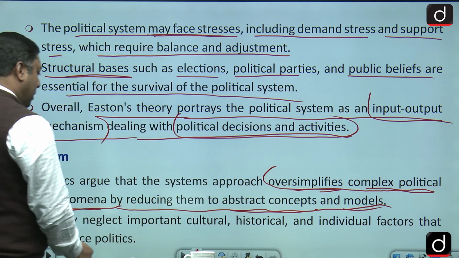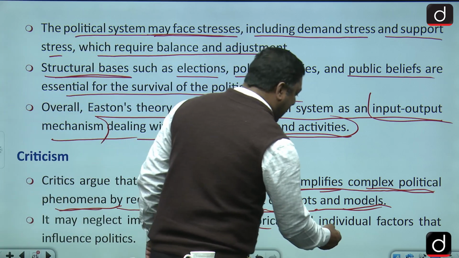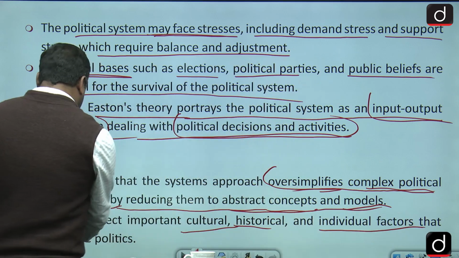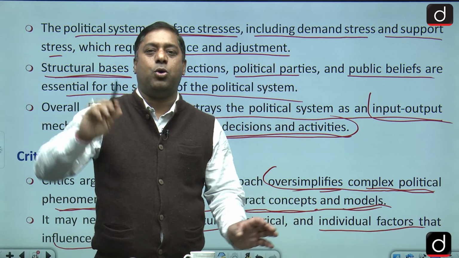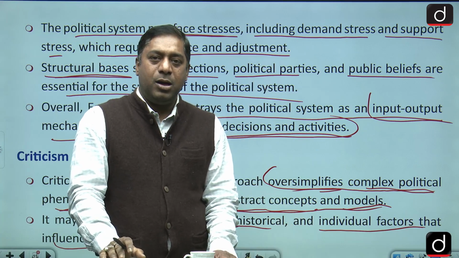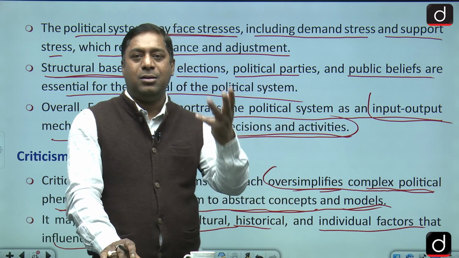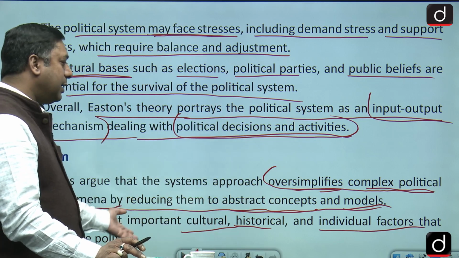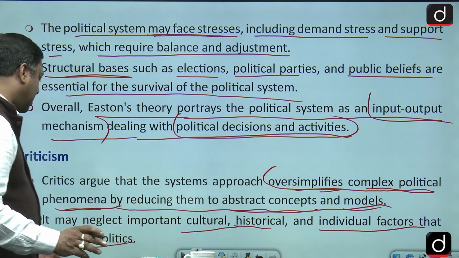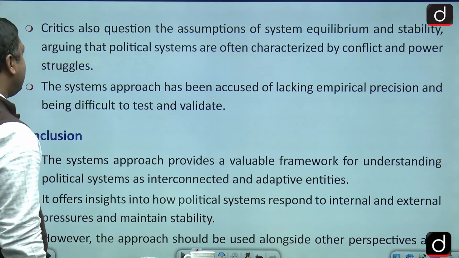Plus, he neglected important things like cultural, historical and individual factors that influence politics, same as the institutional approach was criticized. It was said that it is not looking into the cultural, societal and individual factors. Here also they are saying that individual, historical and cultural factors which influence politics have been neglected.